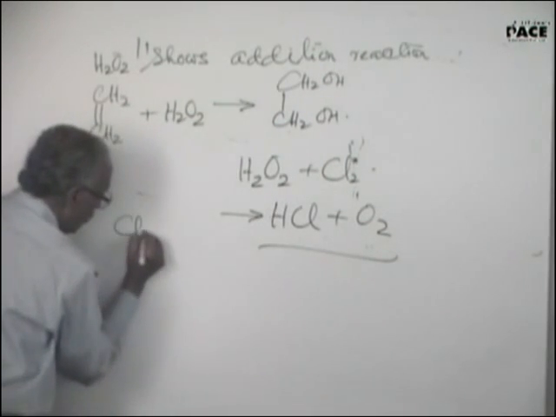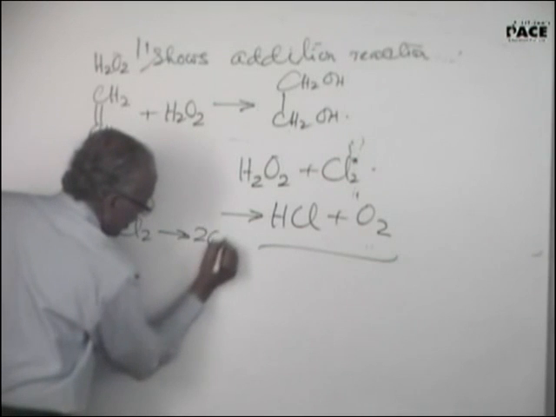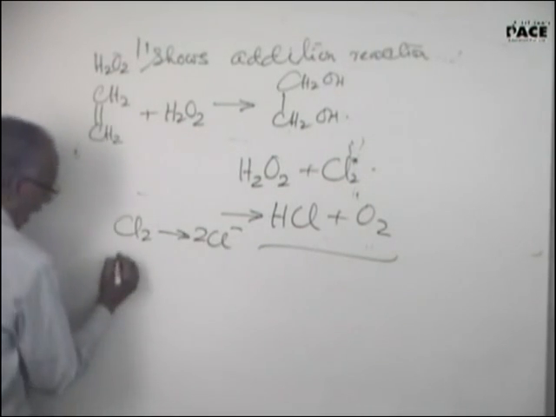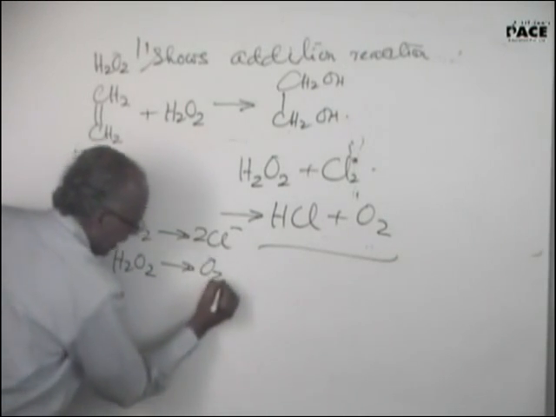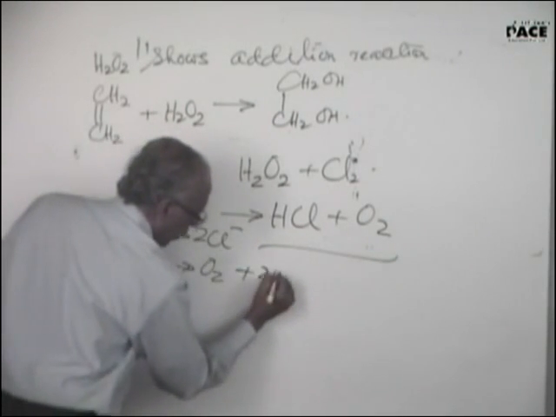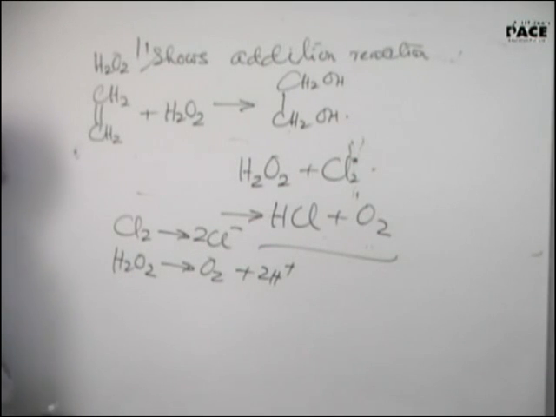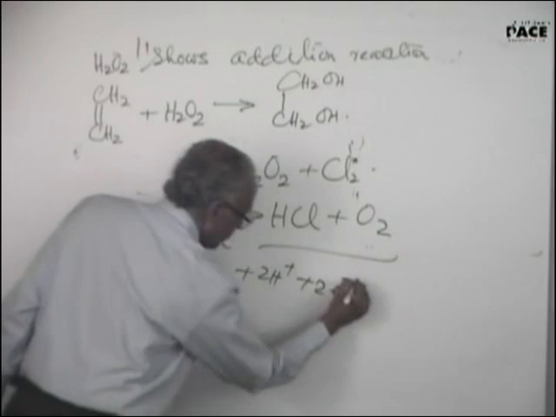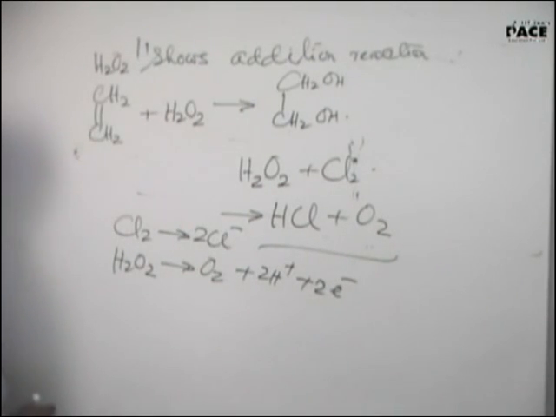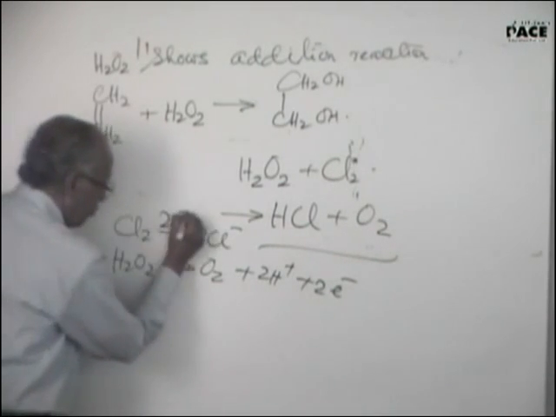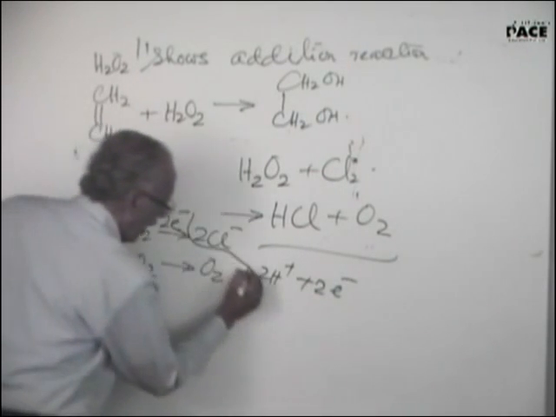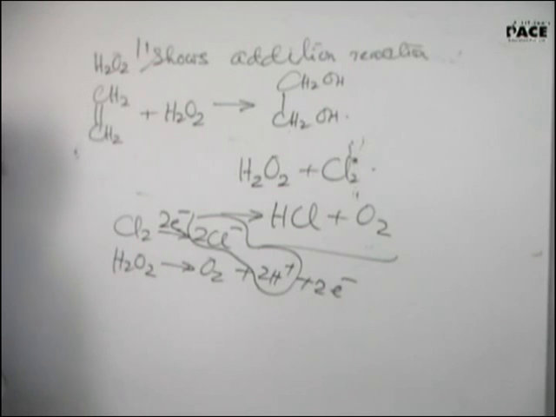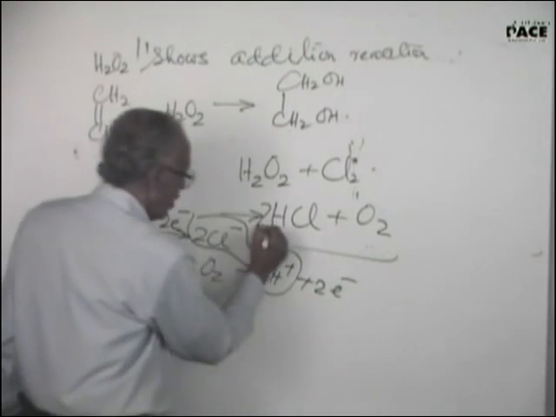So Cl2 goes to Cl minus and hydrogen peroxide goes to oxygen plus 2H plus plus 2 electrons. Chlorine picks up 2 electrons to form chloride ion. Now the chloride and hydrogen combine to give you 2 moles of HCl.